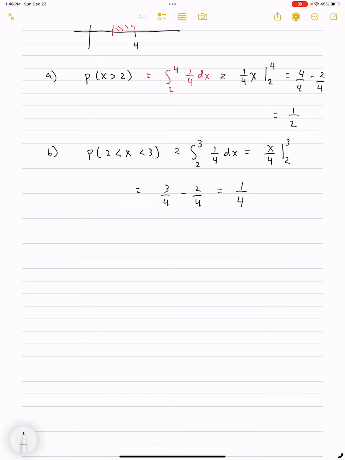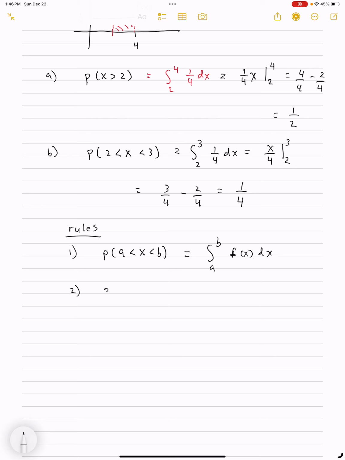So what is this trying to tell us? It's trying to tell us these rules. The first is if we're asked to calculate the probability that x is between a and b, this is given by the integral between a and b of f of x dx. That's the main rule that I want to communicate to you, this one right here, number 1.